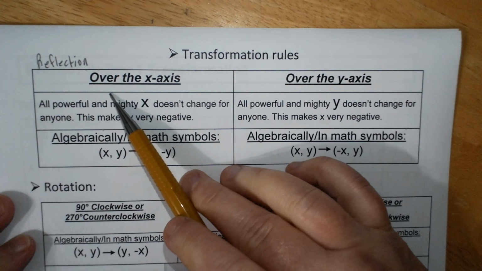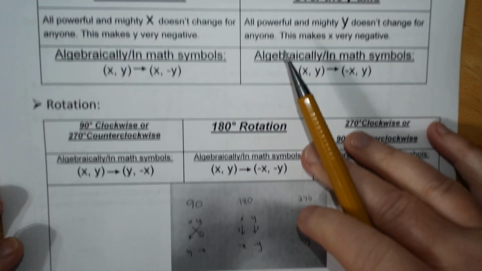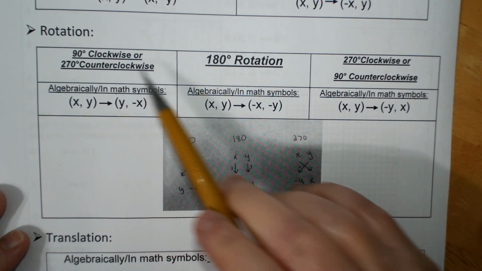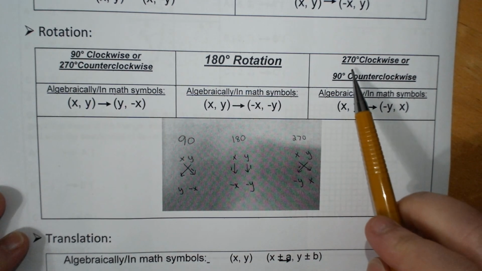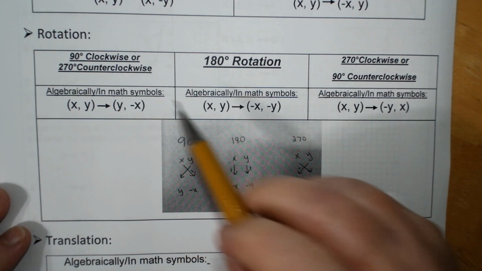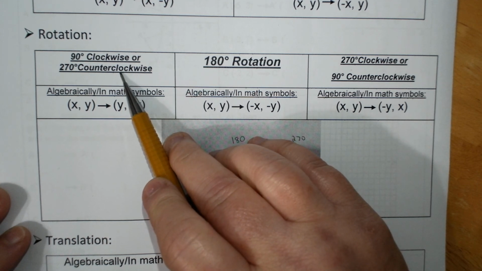And reflection is going to go over the x-axis or over the y-axis. And then you'll have to rotate a figure. You can do 90 clockwise, 180, 270 clockwise. But also notice that if you start 90 clockwise, that's also 270 counterclockwise.